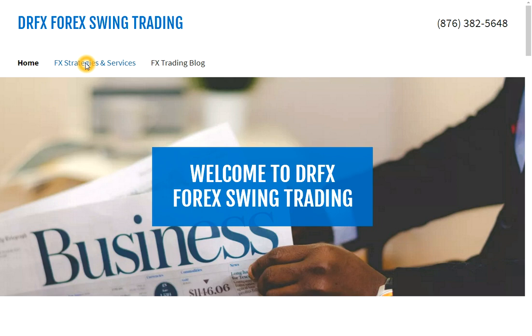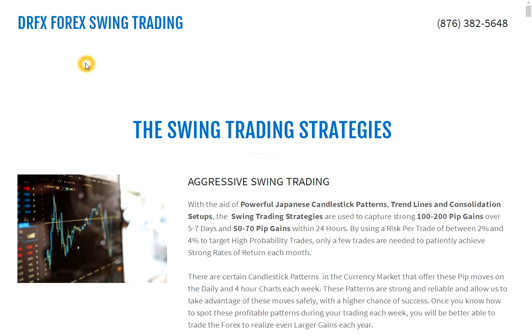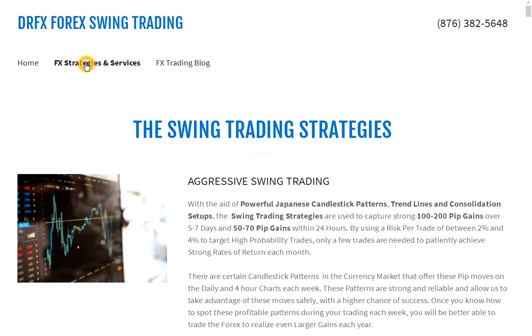Now, when it comes to the formation of consolidation, as I said, there are certain types of waves that tell us that the market is going to be forming consolidation. Once you're able to identify these waves, it allows you to immediately change your trading strategy from a trending one to a consolidation one, so that you are not caught up by the sharp reversals that the market is presenting as it forms its consolidation setup.